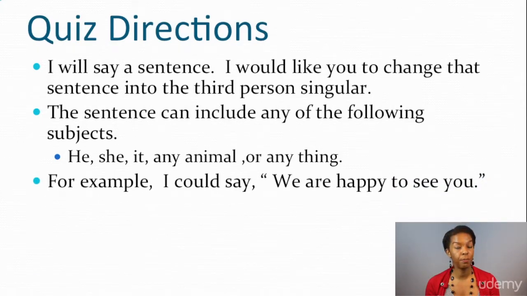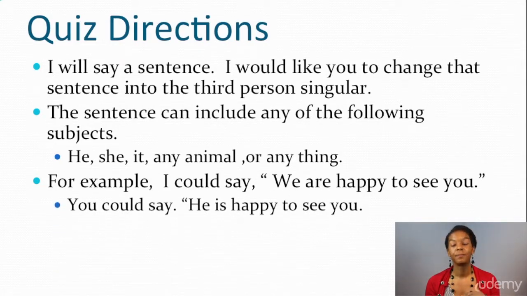So for example, I could say, we're happy to see you. And then you would reply back, he is happy to see you. So that way you're working on changing the subject and the verb agreement.